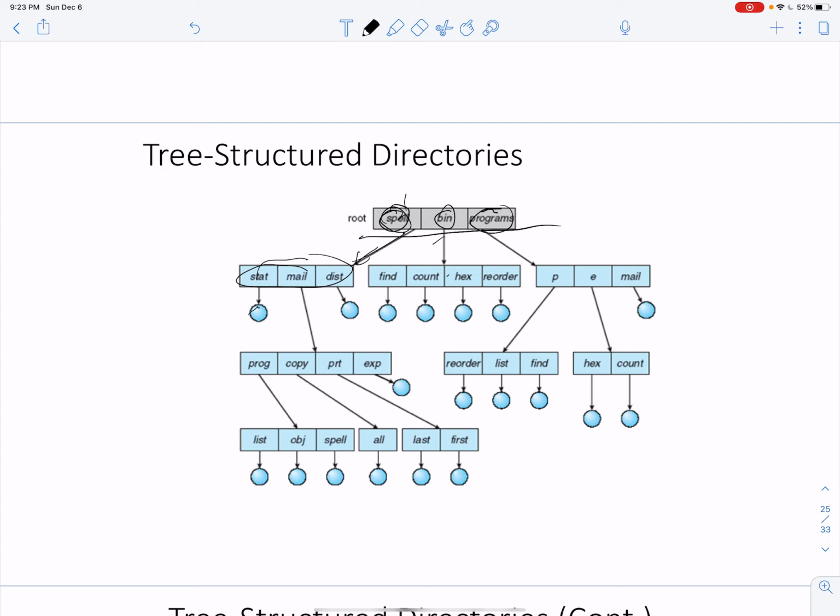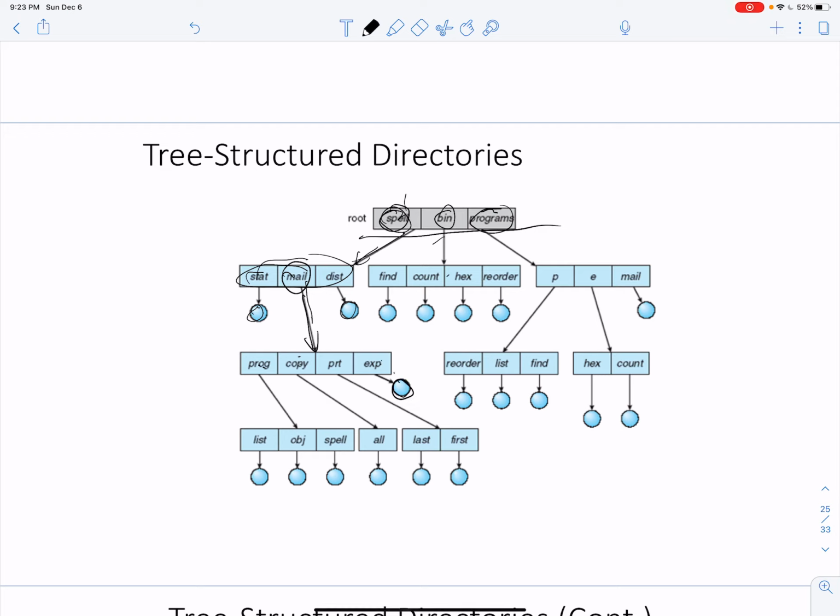Similar over here. We use circles to represent files, and rectangles to represent folders. For example, this mail folder includes four subfolders, which are proc, copy, prt, and exp, and exp only includes one file, which is over here.